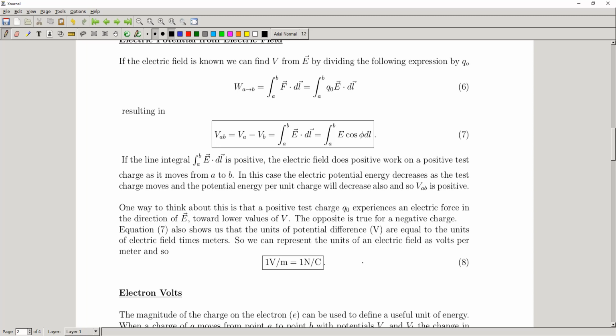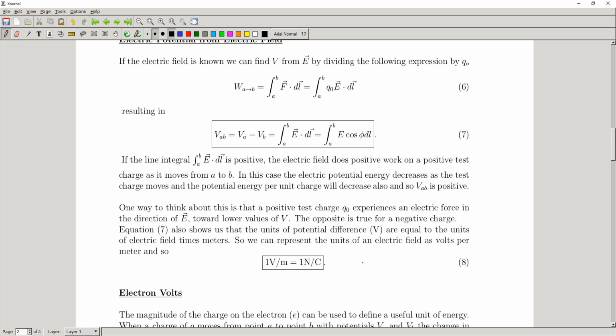Okay. The last thing to notice about equation 7 here is that it shows us a way that we can think about our units of potential difference, right? So we know that our units of potential difference are going to be volts.